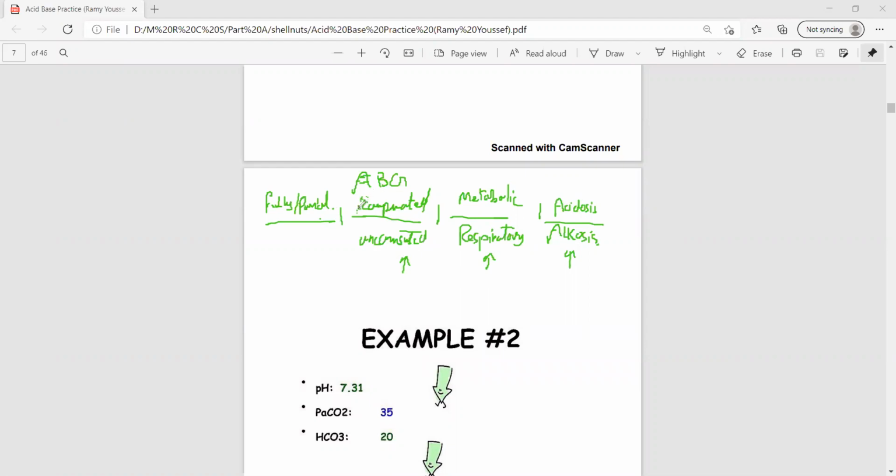Fully or partial compensation depends on the pH: go back and check whether it is within the normal range or not. So these are the four arms of any ABG you have to read.